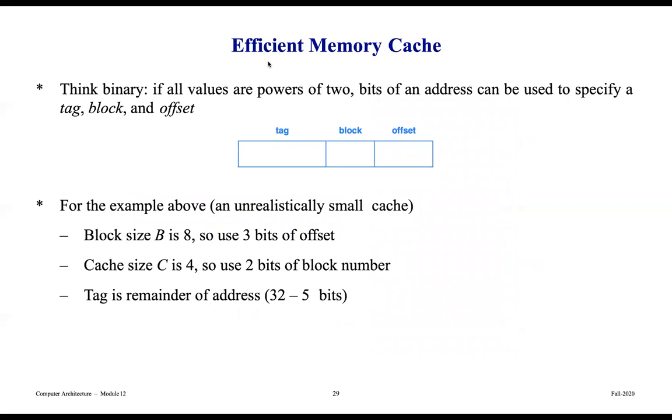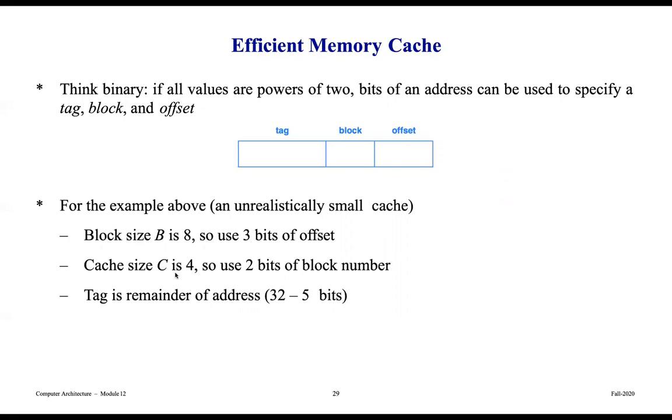Well, let's talk about efficient memory cache. We can think in terms of binary. If all values are powers of 2, bits of an address can be used to specify a tag, block, and offset. For the example above, which is a really small and unrealistically small cache, but at least illustrates the points, the block size B is 8, so we use 3 bits for the offset.